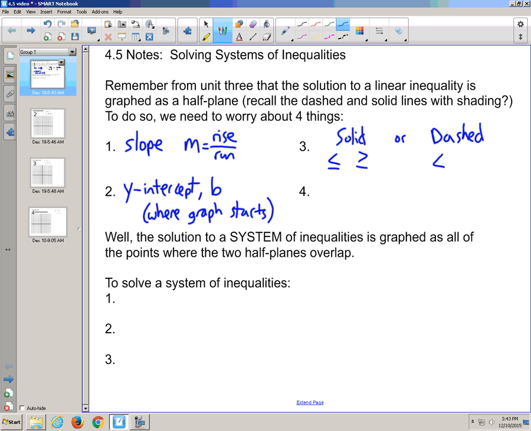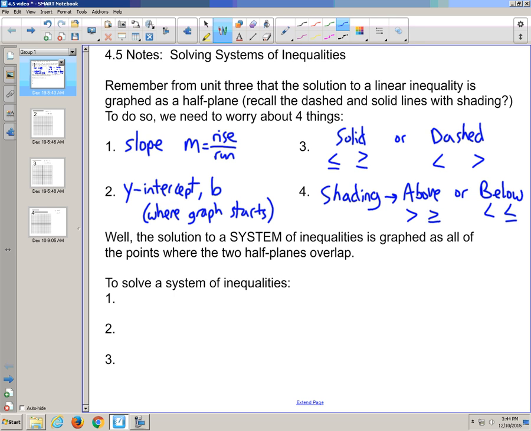Dashed line would be less than or greater than. And then the fourth and final thing is the shading. Do we shade above or below? Above is greater than or equal to. Below would be if we have less than or equal to.